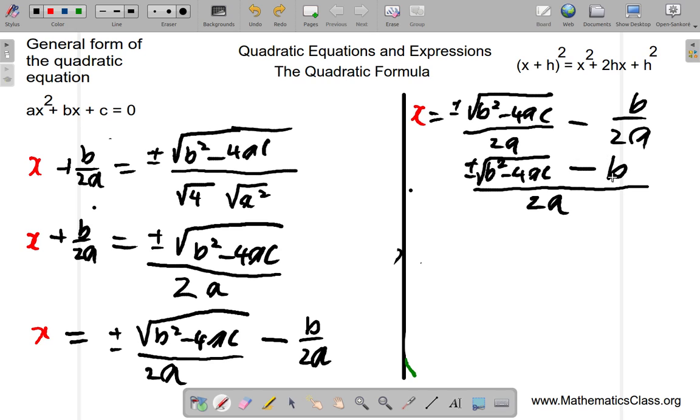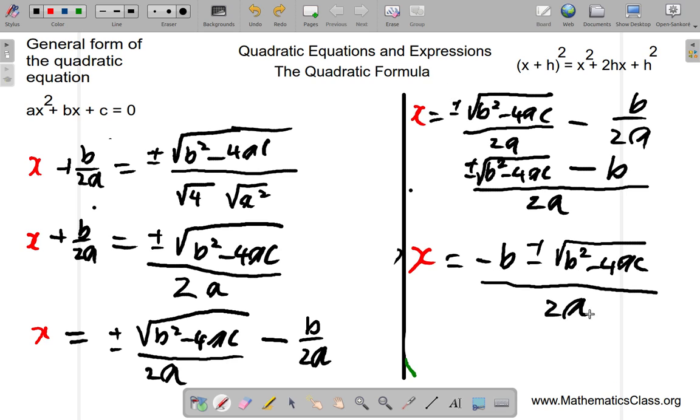Now we can put the b in front and say that x equals minus b plus or minus the square root of b squared minus 4ac, all over 2a.